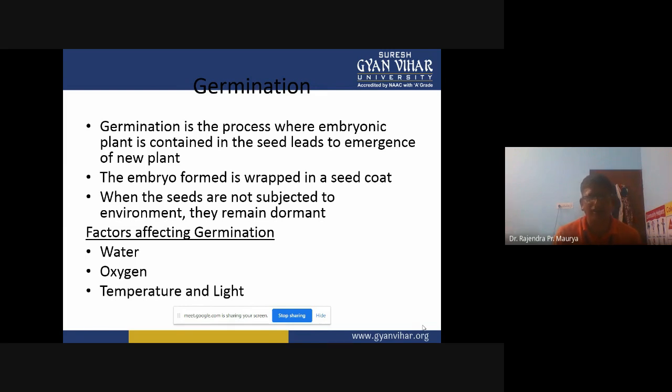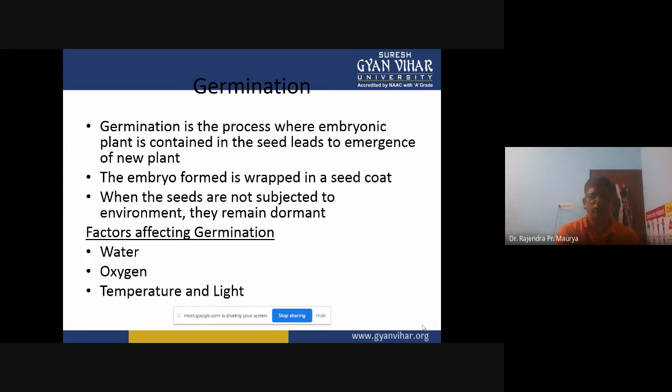What are the important factors that affect the germination of seeds? First, water, that is moisture. Sometimes we sow seeds, and due to lack of moisture, the seed is unable to germinate. So maintaining proper moisture is very important for germination of the seeds.